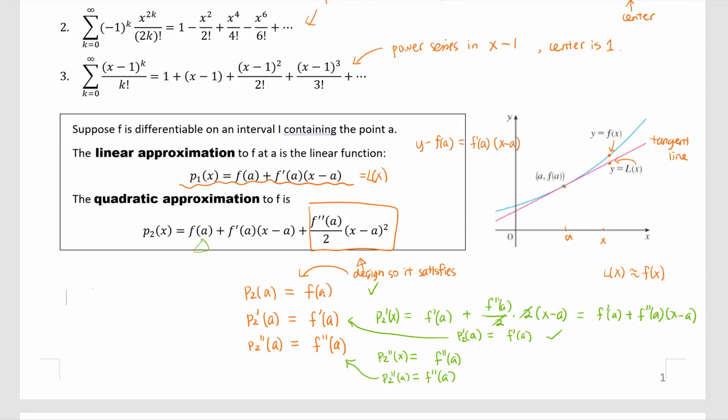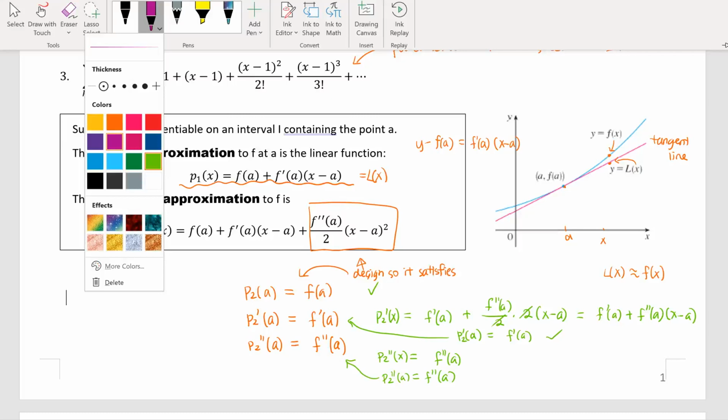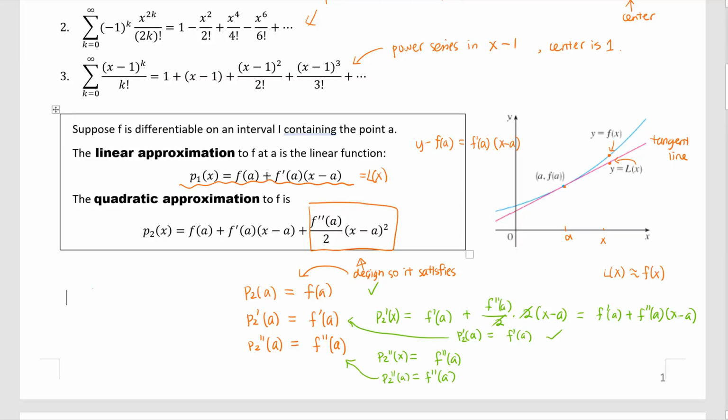The pattern here: we have the zero derivative, that's the function f. Here we have the first derivative, and then we have the second derivative, and here we have an extra 2. Why do we have a 2? Well, if you remember, in the process of computing the derivative, the 2 helps us cancel out the 2 here, so that we have f double prime of a.